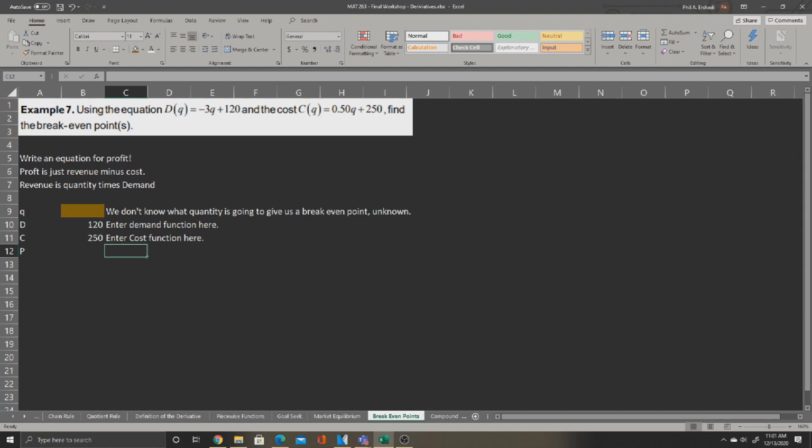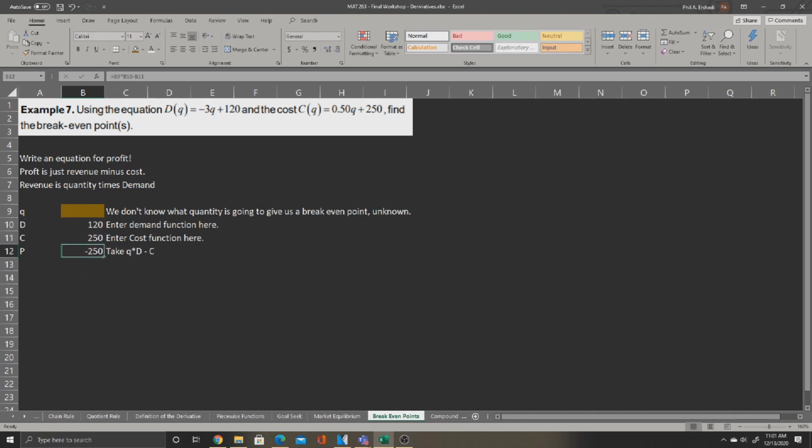Now for profit, we're going to take Q times demand minus cost. So we'll say equals Q multiplied by demand, subtract cost.